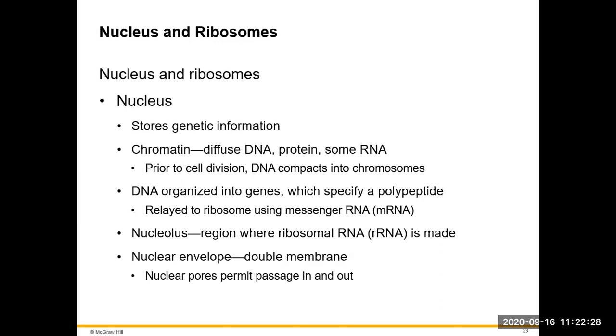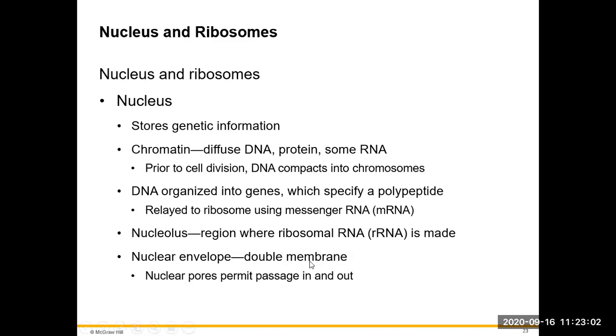The DNA, upon its transcription, leads to the formation of messenger RNA. This messenger RNA is translated into a protein or a polypeptide by ribosomes, which contain ribosomal RNA, and this ribosomal RNA is made in the nucleolus. This is probably the most visible part of the nucleus.